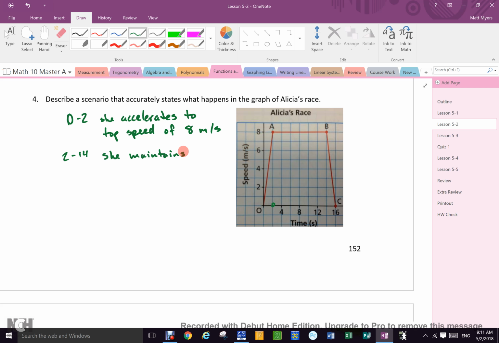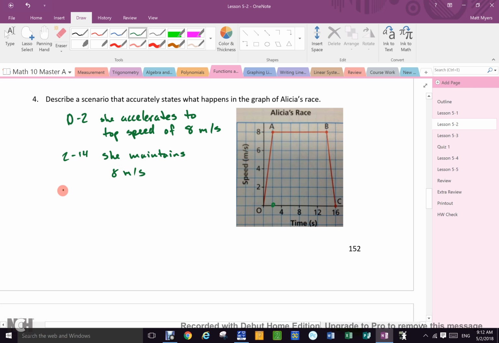That's a speed. If I'm driving away from my home, that is a velocity, and it would be positive 80. If I turn around and drive home at 80 kilometers an hour, I'm still going 80 kilometers an hour of speed, but in velocity, I'm going negative 80 because I'm going back home. Everybody with me? All right. So she maintains 8 meters per second.